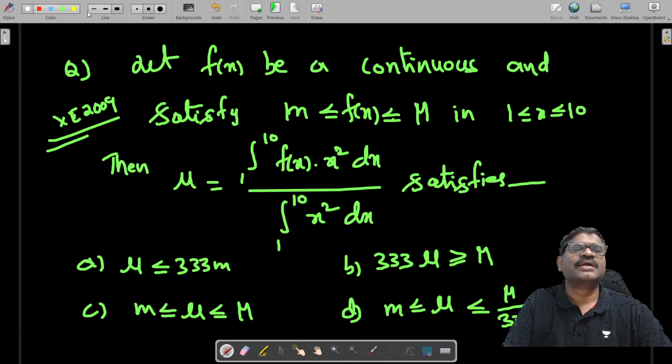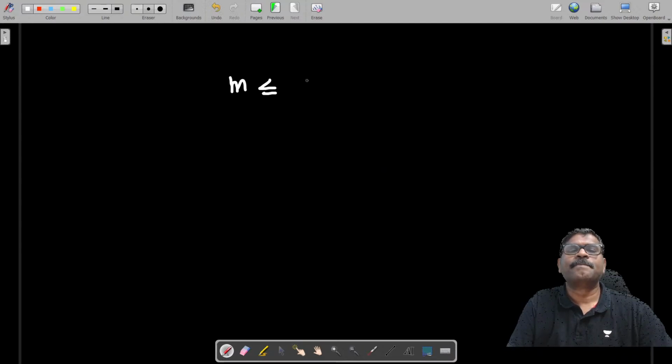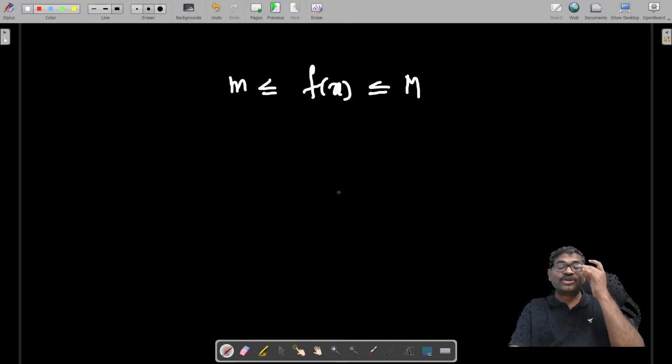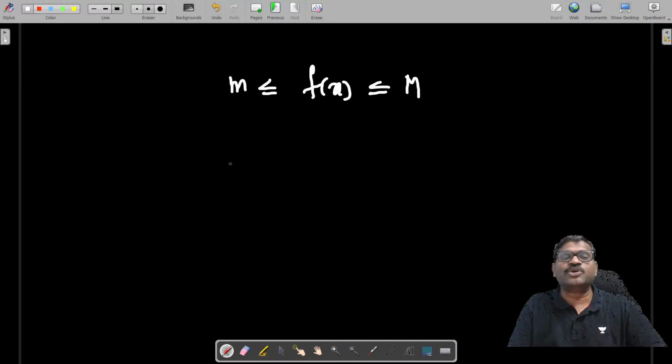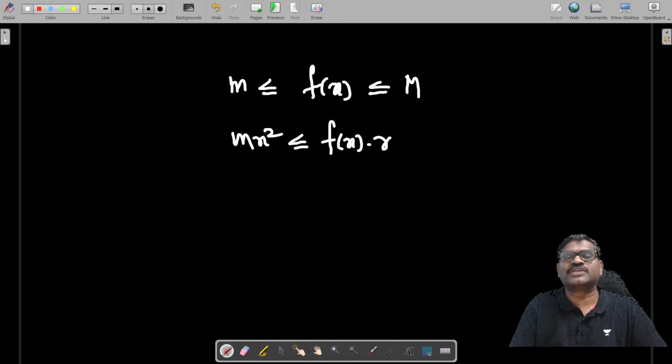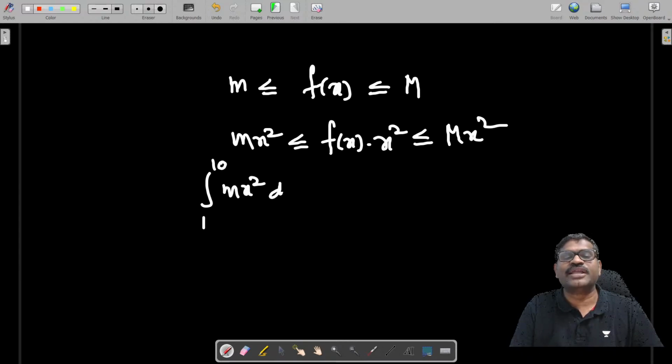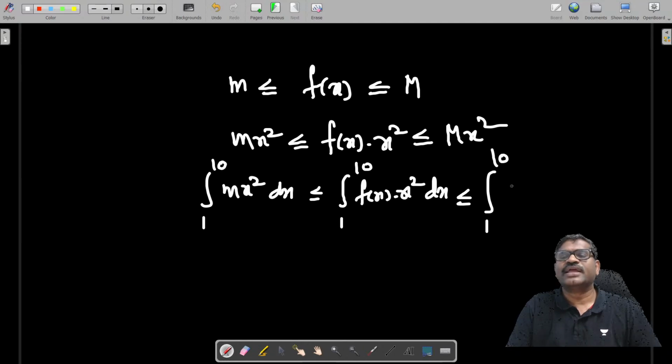Given that small m less than or equal to f of x less than or equal to capital M, you can write m x square less than or equal to f of x into x square less than or equal to capital M x square. Integrating, integral 1 to 10 m x square dx less than or equal to integral 1 to 10 f of x into x square dx less than or equal to integral 1 to 10 capital M x square dx.